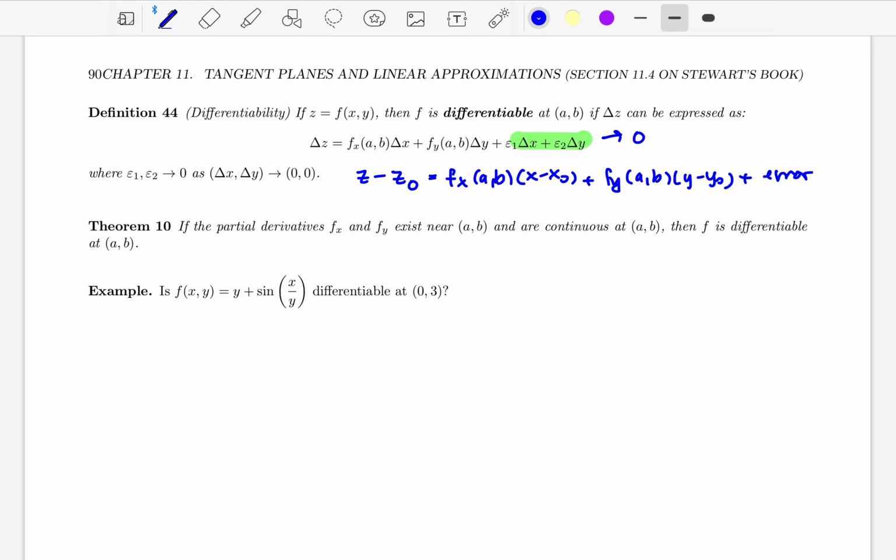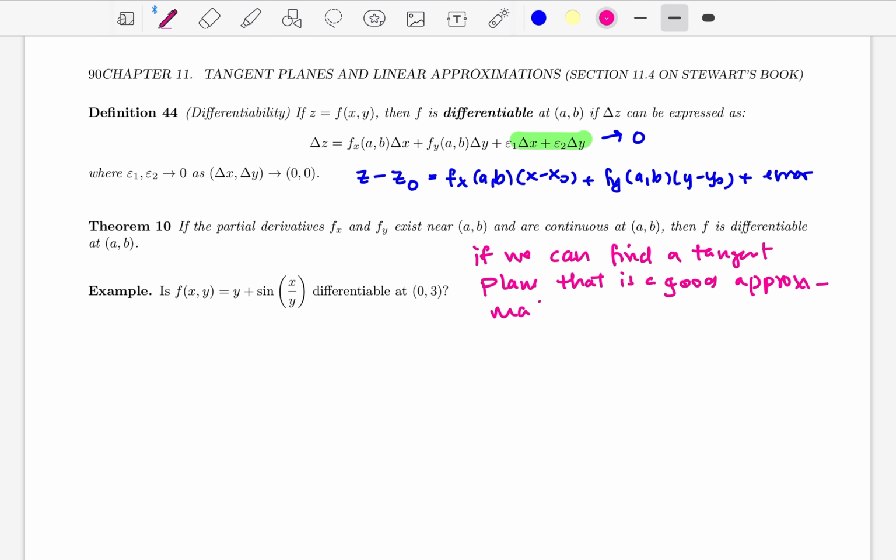So all this wording is just to say: can we find a tangent plane that is a good approximation? And that happens if the partial derivatives are continuous to the function f of x, y at (a, b). It's all the same.